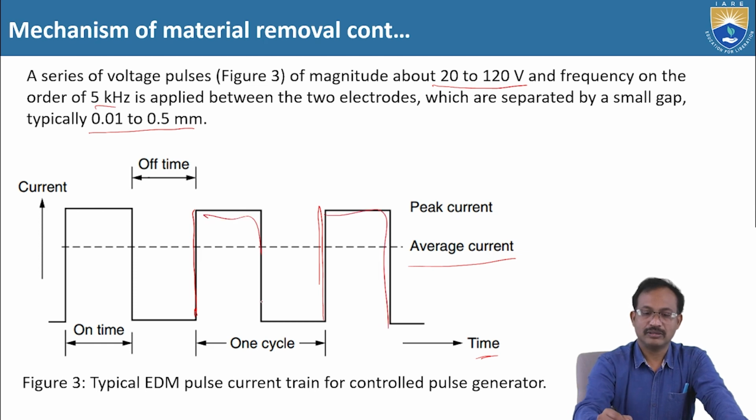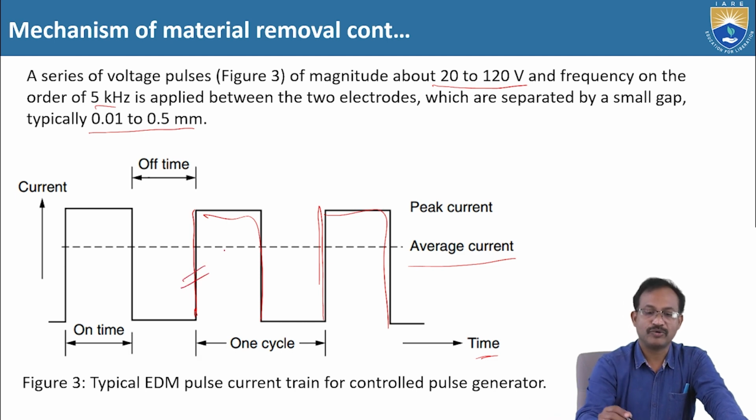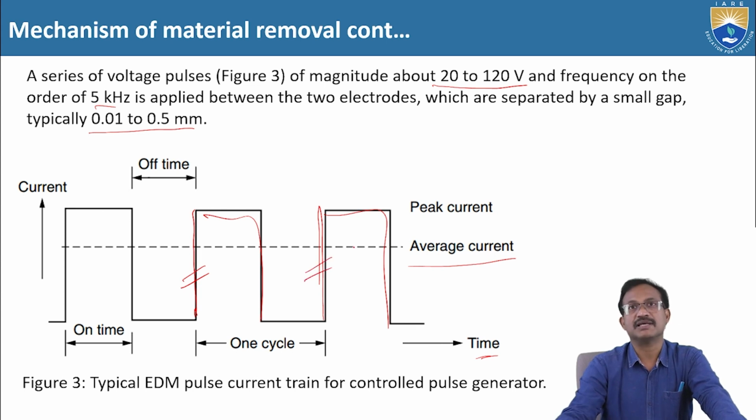Here these two are the on time peaks, and this is the starting point of the first one, and this is the starting point of the subsequent on time peak. So the gap between these two is called one cycle, right?